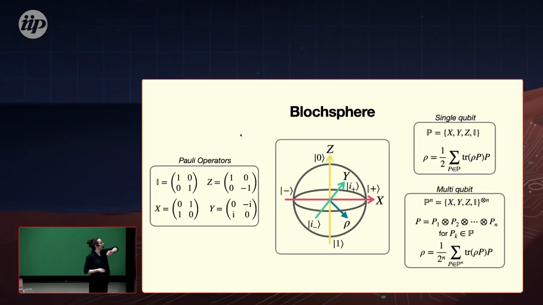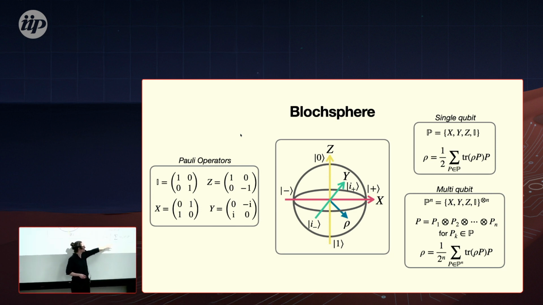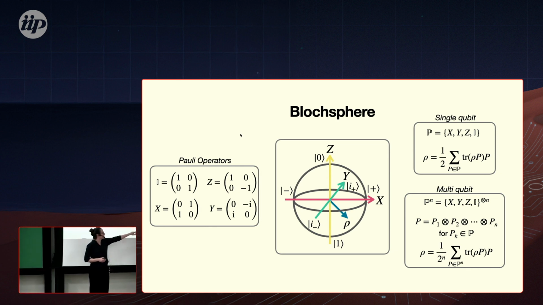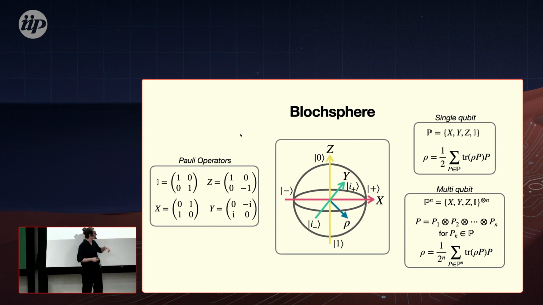All right, this is also true for the multi-qubit case, where we now need to sum not only one Pauli, but the tensor product of all the different compositions of the Pauli matrices, which in this case is 4 to the power of n many Paulis.